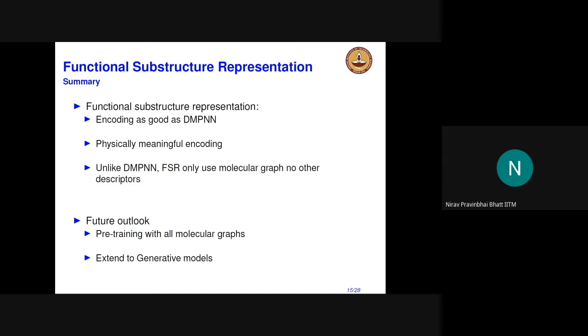And it again raises the question: are the current functional groups screened by chemists adequate, or should we go back and look at the definition of functional substructures we computed, compare them, and see how many are repeating? Those analyses we are currently doing, and maybe we go back to the chemist and ask what these unknown functional substructures represent and whether they have meaning. This way we can add more functional groups which chemists should look for in the future.